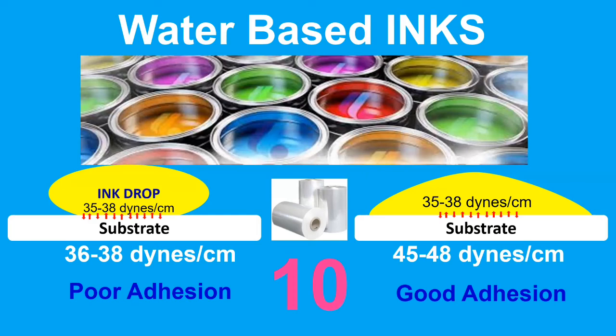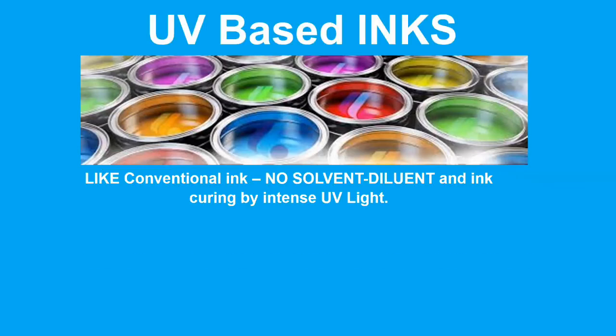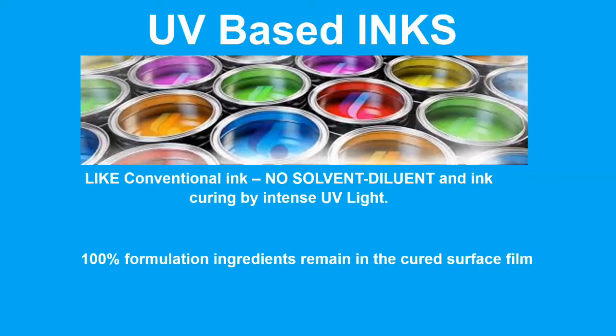dynes per centimeter. On the other side, when we are using UV-based inks, because UV-based inks are unlike conventional inks, not using solvent or diluent, and these inks are cured by intense UV lights, 100% of the formulation ingredients remain in the cured surface film.